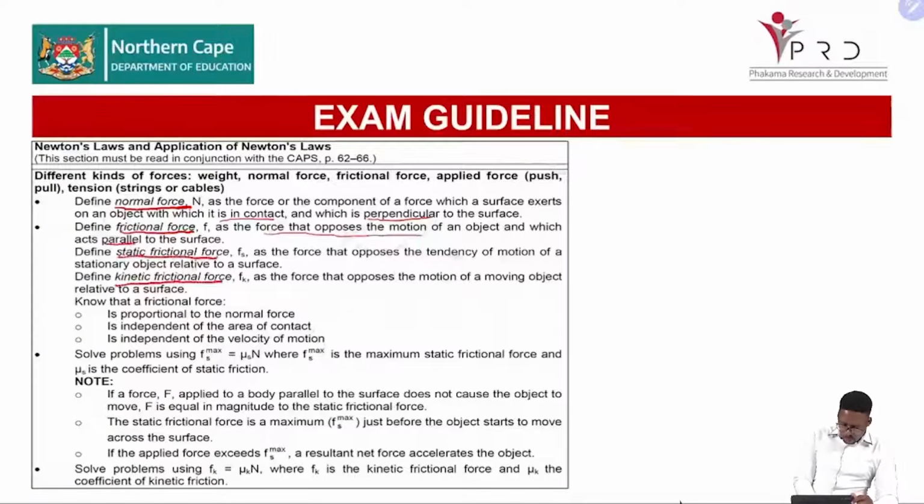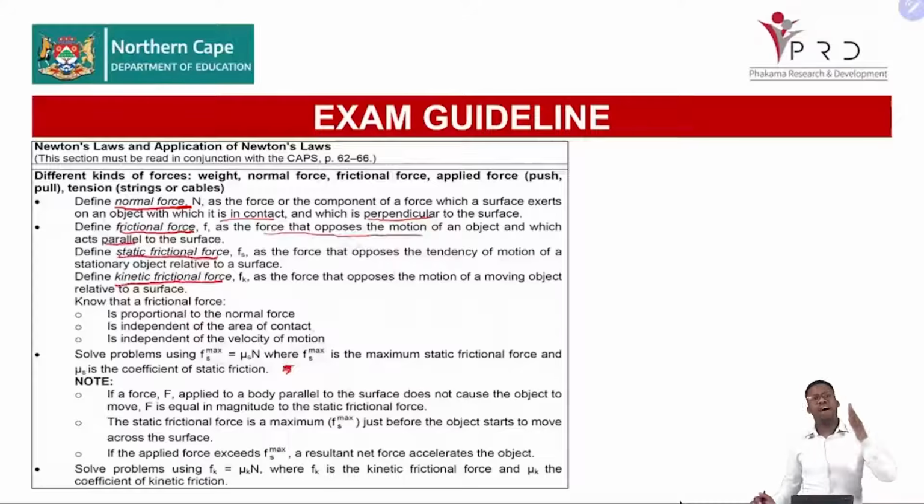Then you'll have to solve problems. These are the easy marks that you can get. For 3 marks, it's either they will say calculate normal force, or they will say calculate static or kinetic friction. But here is my advice here. For that 3 marks calculation, you must know that in everything that you do, you must start with the normal force.